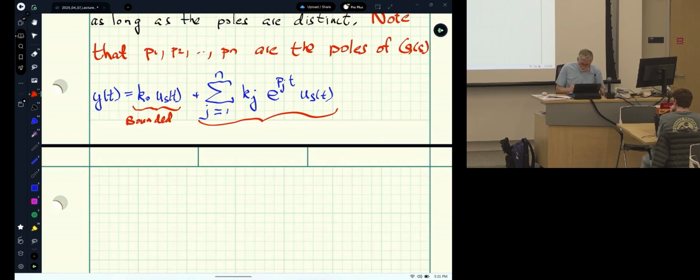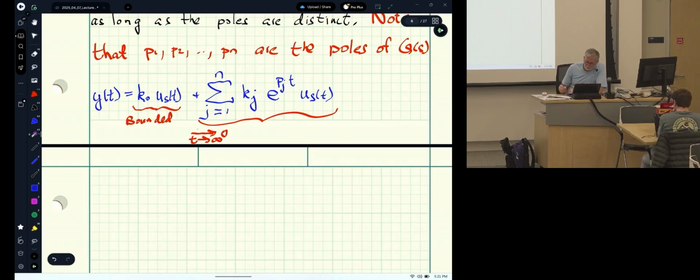Under what conditions does this term converge to 0 as t goes to infinity? So the unit step, that just stays constant. This could be real, in which case we need pj negative, but it could be complex, right?